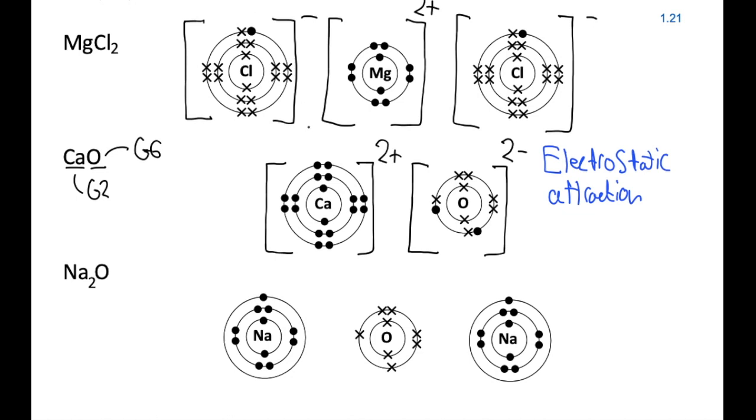The last example is sodium oxide. In this situation, we have 2 sodium ions for every 1 oxide ion. Sodium is in group 1, and of course, oxygen is in group 6. Sodium has 1 electron on its outer shell. The electrons in both outer shells of these sodium ions are lost, and they are both gained by the oxygen.